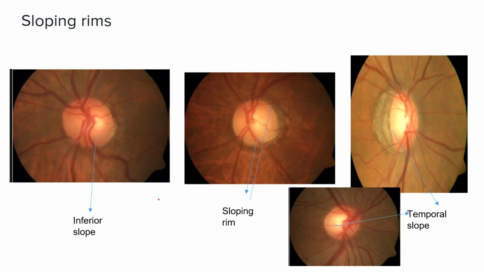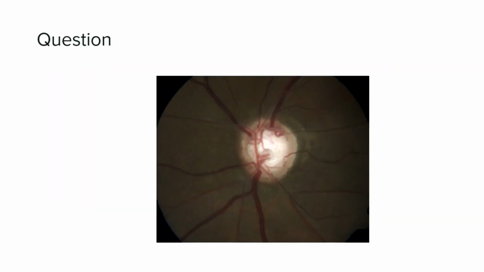Right color fundus photograph of a left eye, showing a large disc with sloping rims superiorly and inferiorly, with a cup disc ratio of... One minute, is it only sloping? There's inferior thinning also.